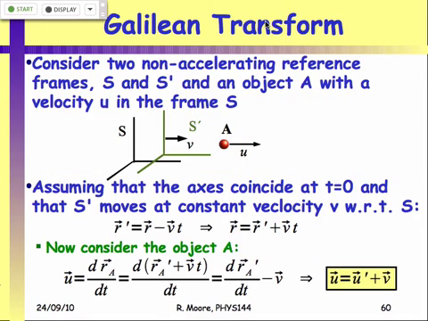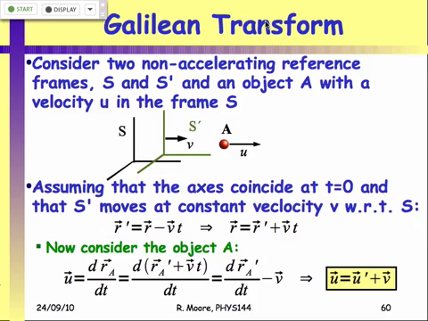I won't go through the maths, but simply, if you want to transform a velocity u that's measured in this frame, S, and you've got an observer who's moving with a velocity v relative to S, so imagine this person is on a train, then the velocity u prime that the observer on the train will see is u minus v.